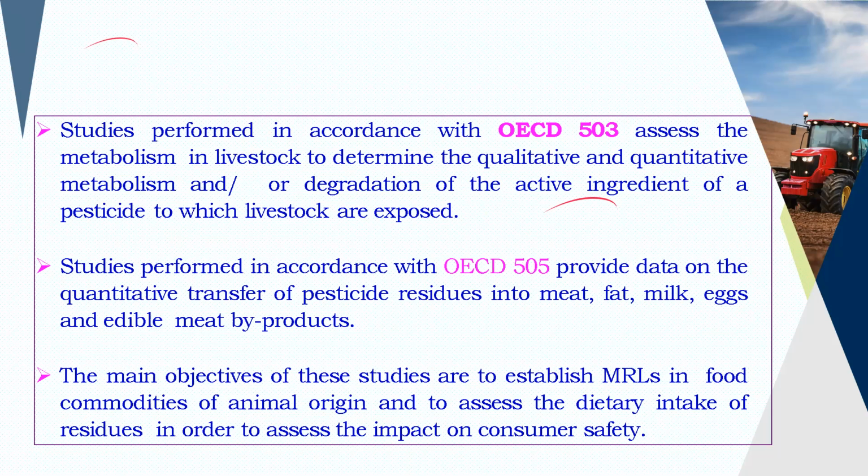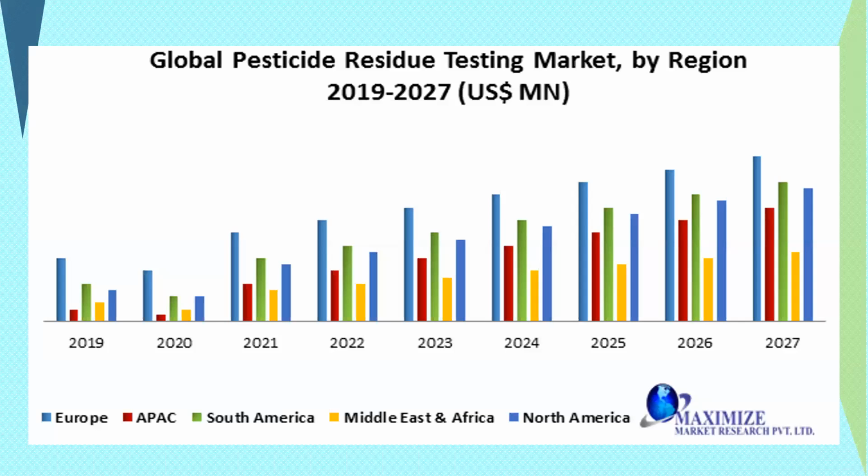The main objectives of these studies are to establish MRLs in food commodities of animal origin and to assess the dietary intake of the residues in order to assess the impact on safety. That's how the difference between 503 and 505 needs to be studied.